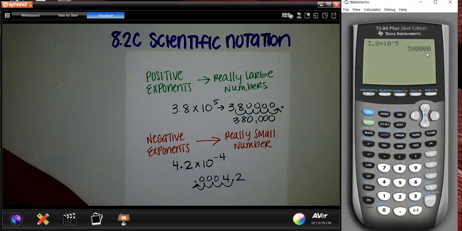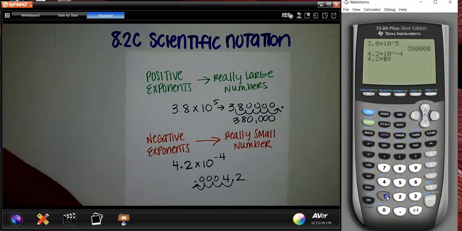To check my negative exponent, I'm going to take 4.2 times 10, and again, to get your exponent, to the power of -4. Oh, and so here, I think it's because I clicked the minus sign, not the negative sign. So again, be very careful.